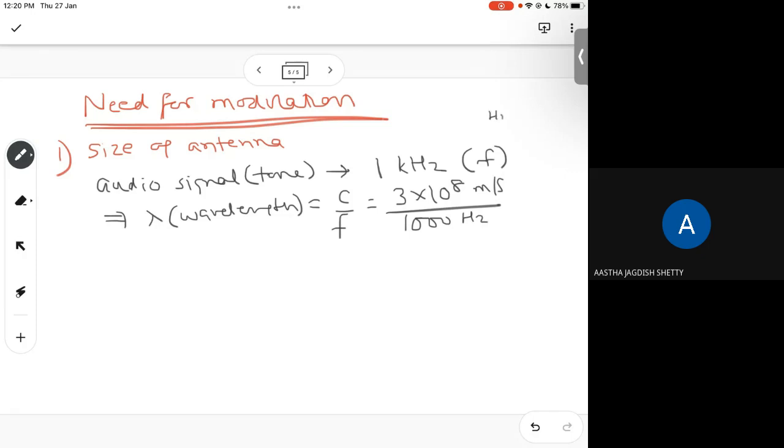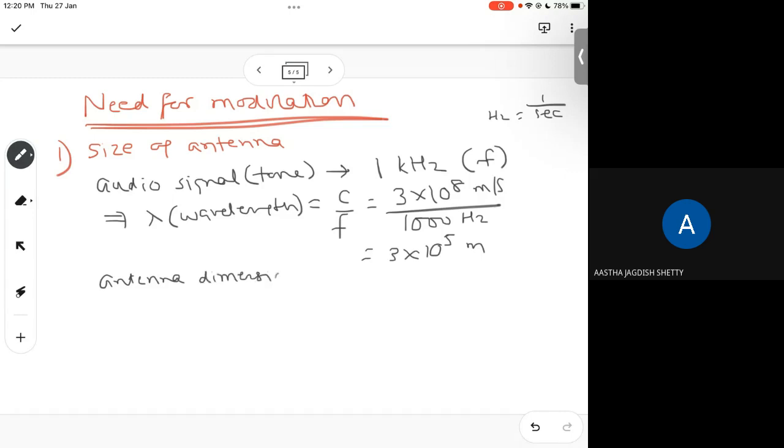Hertz is also per second. So in this case, it turns out to be 3 into 10 to the power 5 meter. Typically, as I said, antenna dimensions are related to the wavelength.